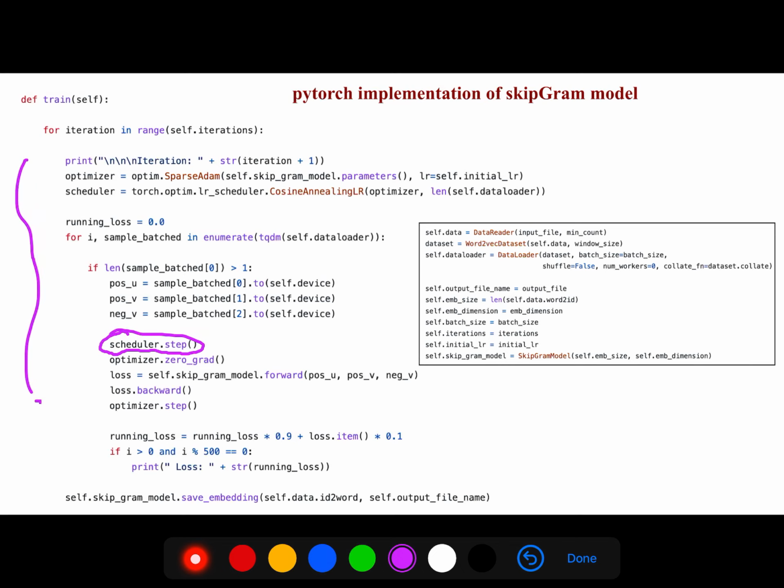And then the rest of it is very standard. You use zero grad and then loss.backward, and you get the loss from that forward that I told you. You added these in the loss model in the previous slide. So you get this and you receive the loss. And using the loss, you can backpropagate and tune your model.